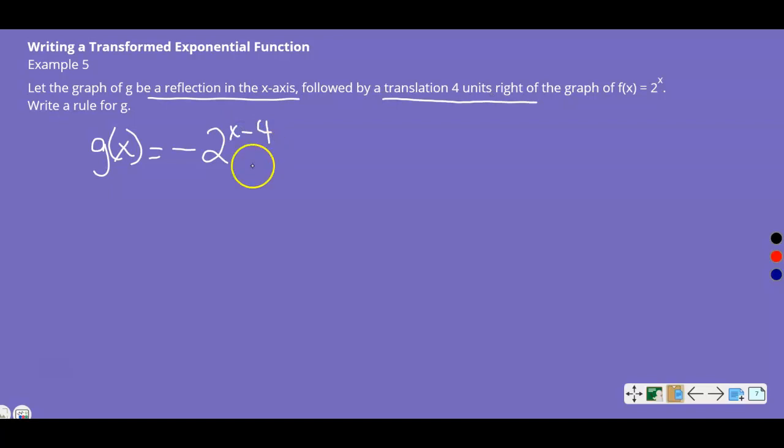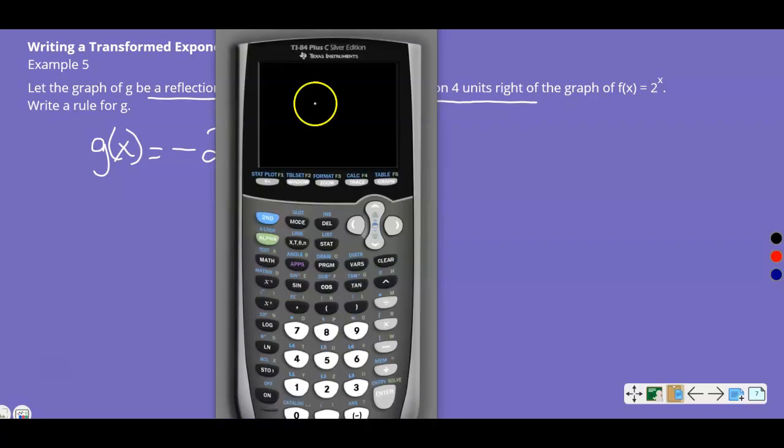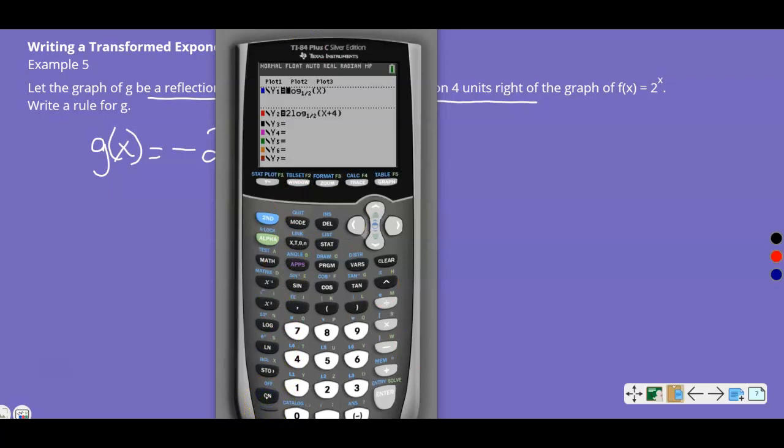All right, so if we pull up our calculator, first let's clear this out. All right, let's look at our window. Let's change our window a little bit.